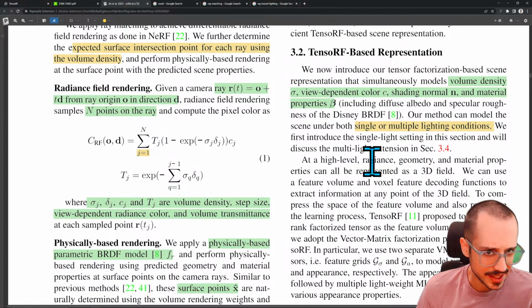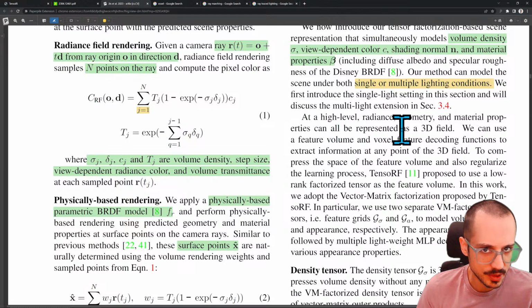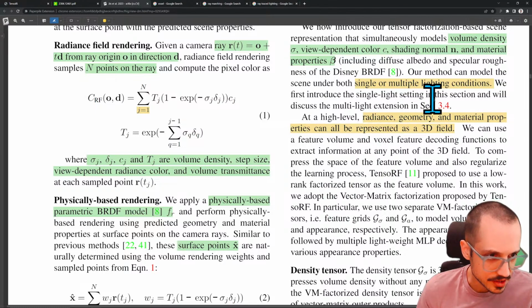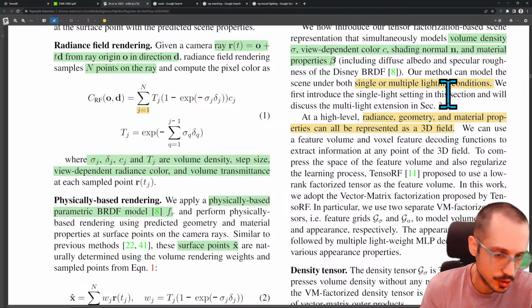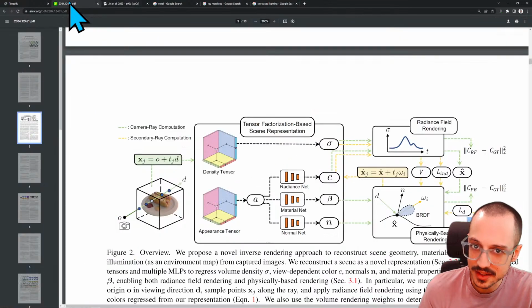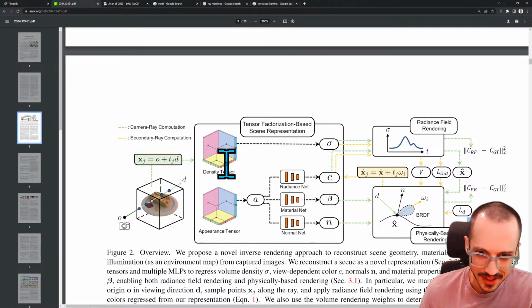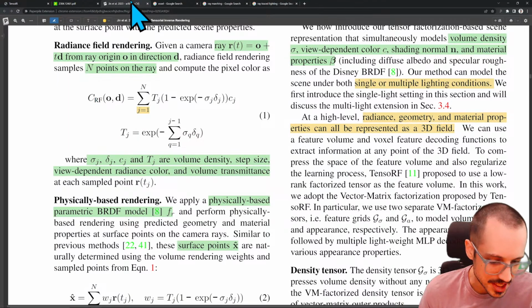"At a high level, radiance, geometry, and material properties can all be represented as a 3D field." So they can be represented as a 3D field if you assume that the scene is static. And that's something they haven't mentioned at all, but this is an entirely static scene, right? There's nothing moving. Everything is still. And that's a limitation of NeRFs too.